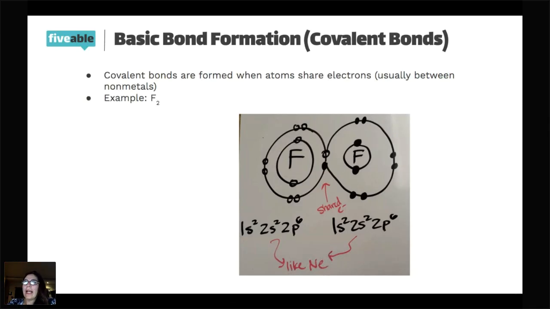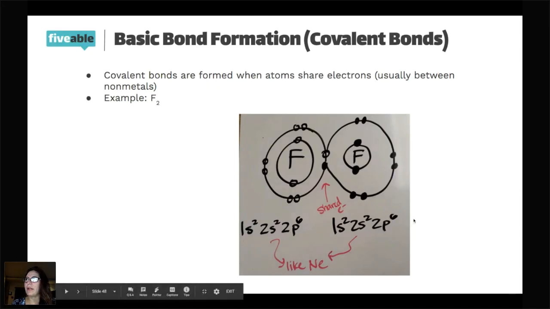Fluorine, F2, is a set of elements that are called diatomic elements. Diatomic elements are the ones that in nature always exist combined in pairs. And this is the reason they're more stable together than separate.